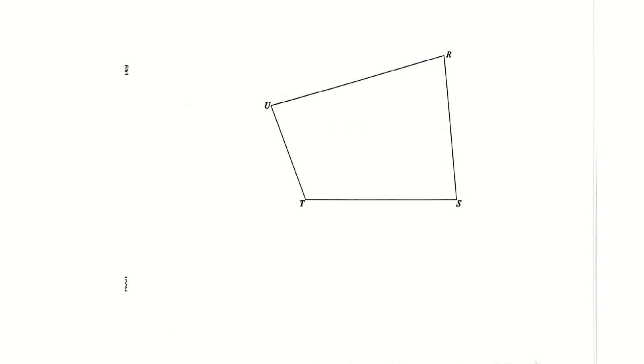So first off, take my compass. I'm going to make it a little small because again I just need it to be more than half my line. First off, I'm going to do the harder part, which is to make my 30 degrees. So the first thing you're going to do is make an arc first. Then where it intersected the line, you would make a next arc.